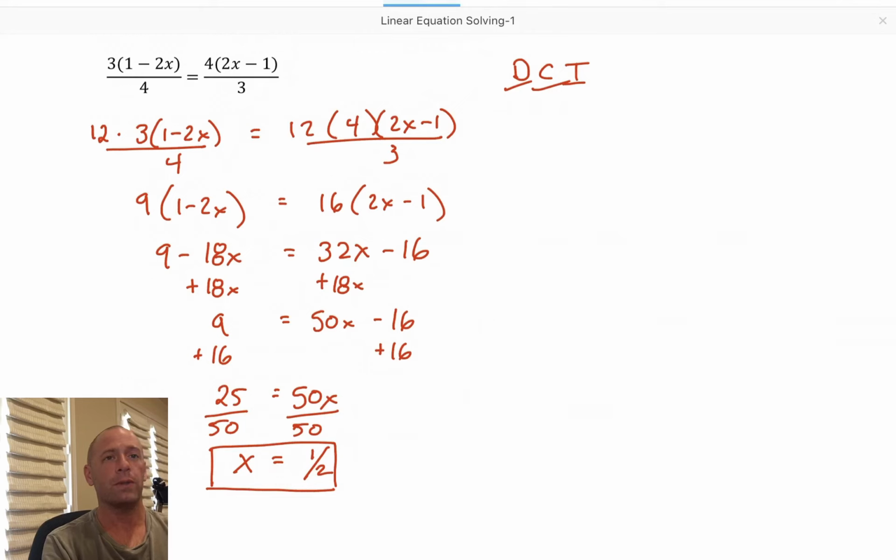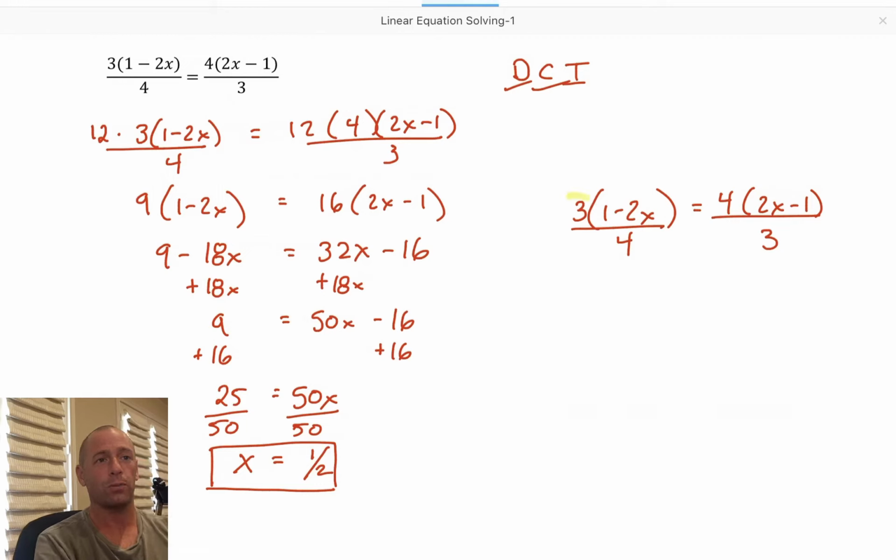Here's a shortcut that some students kind of like. This is actually set up as a proportion. If you look at it, I've got 2 equivalent fractions. The left and the right-hand side are just one big fraction each. So theoretically, you could cross multiply and divide here. Their cross products are going to be equal.